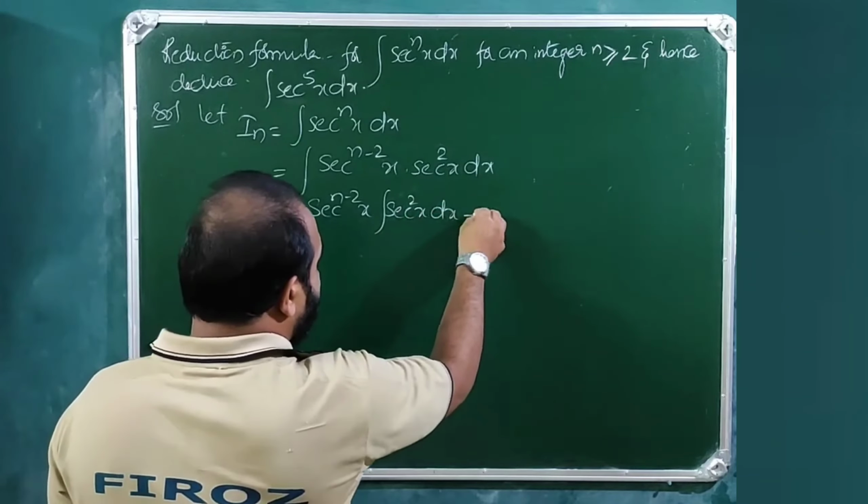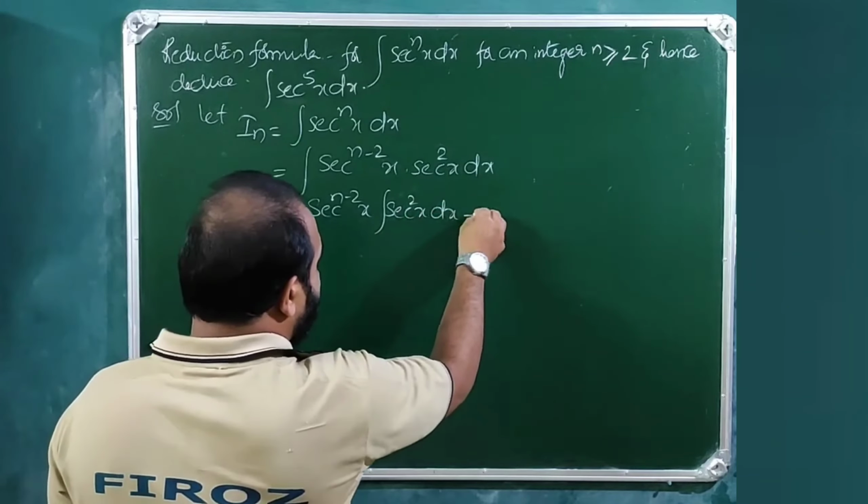So this is I_mn plus (n minus 1)/(m plus 1) I_mn is equal to cos^(n-1)x sin^(m+1)x by (m plus 1) plus (n minus 1)/(m plus 1) I_(m, n-2).